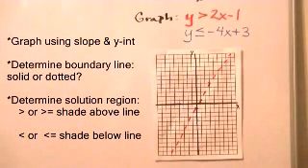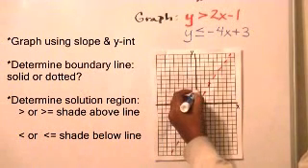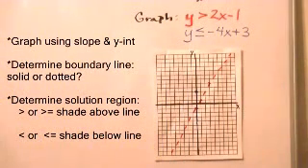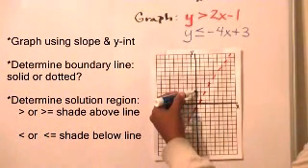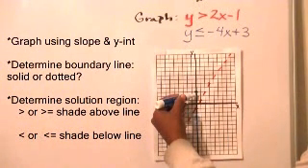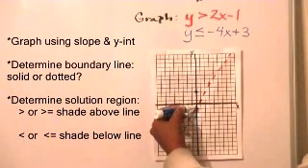Now I'm going to switch to the blue. The y-intercept on the blue one is +3, and the slope on this one is -4 over 1. So from +3, I go down 4 and over 1.